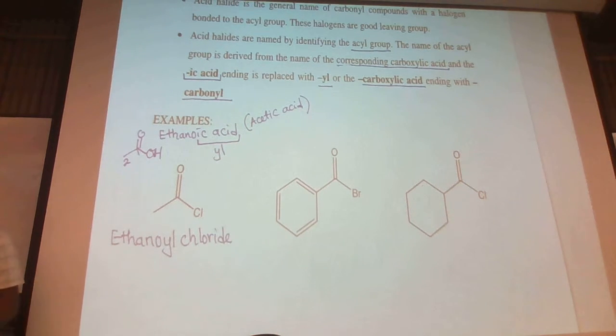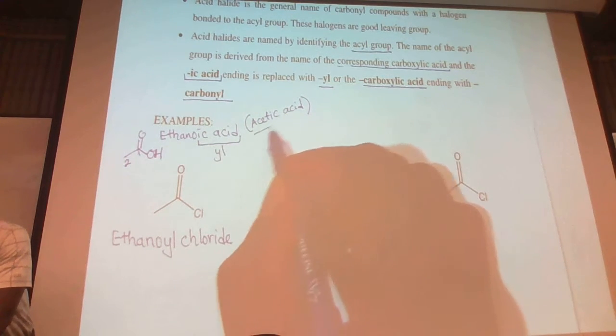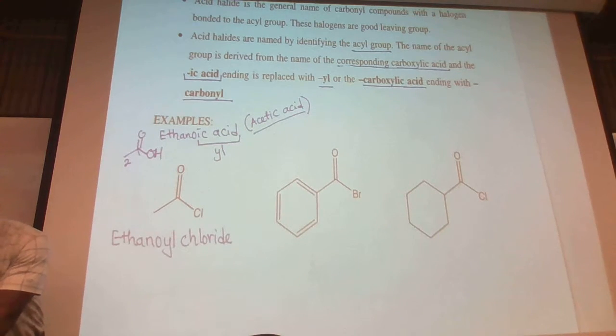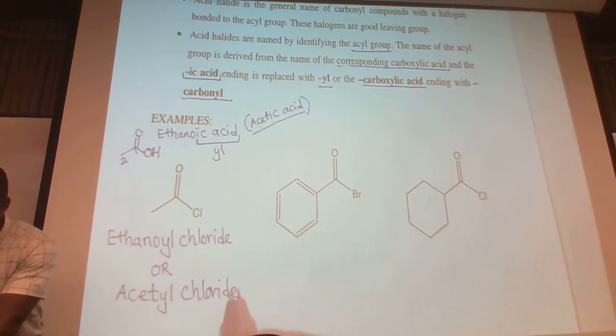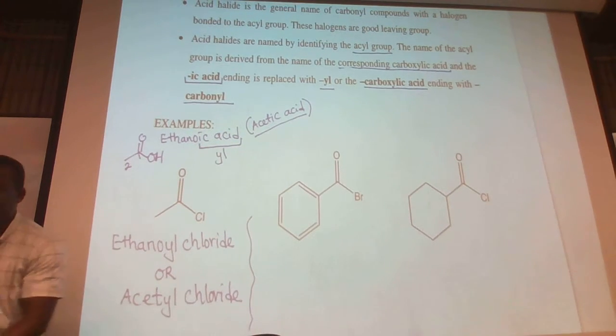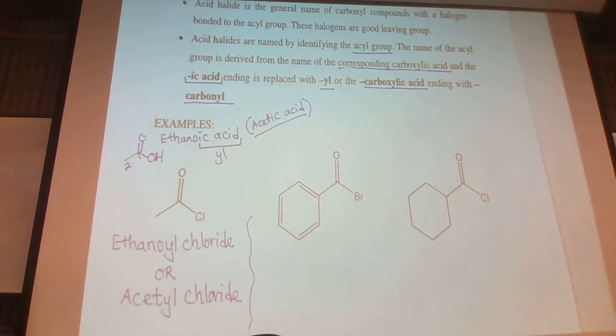Okay? That will be the systematic name. But if you want to get the name from the common name, which is acetic acid, it will now be acetyl chloride. Okay? So depending on what you want to use.